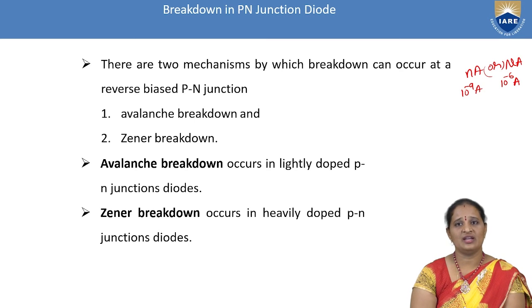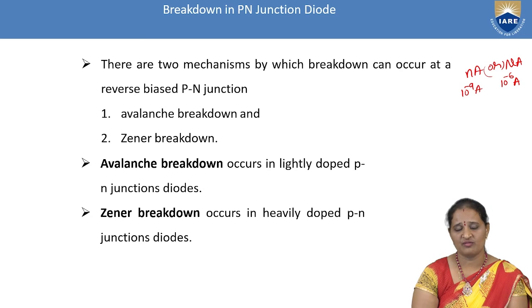So that is called breakdown. That means if you increase the voltage more than 5 volts, let us say, then there will be a breakdown occurring in the PN junction diode, which leads to a rapid increase in the current even for the constant voltage applied.